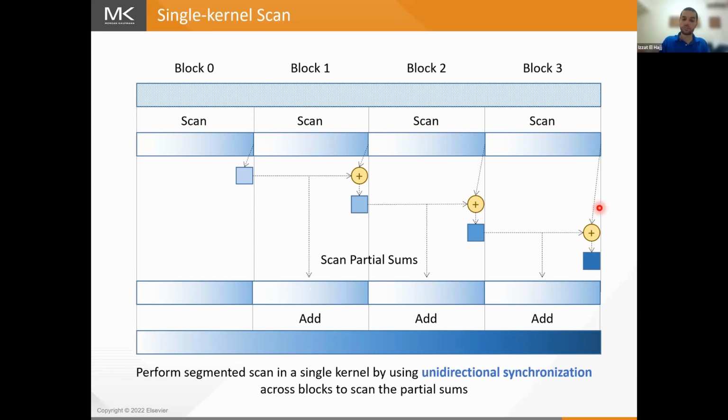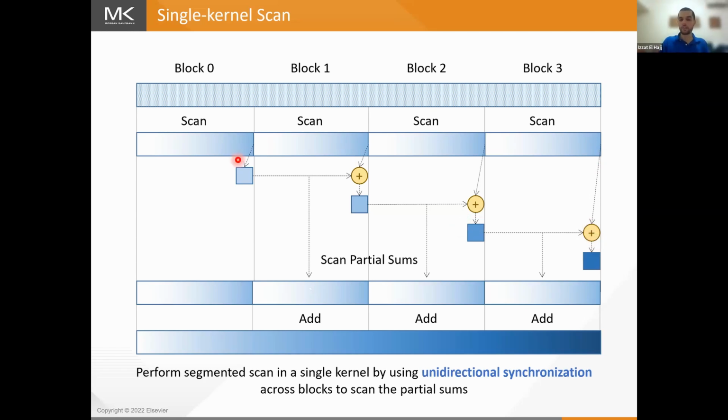The advantage of that is now we no longer have this serialization chain, right? Block 3 doesn't strictly have to wait for block 2 to finish, which has to wait for block 1. It can go and check if the previous ones have finished. And this idea of a block checking a previous block, this is what look back is.